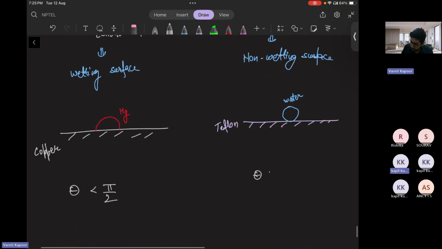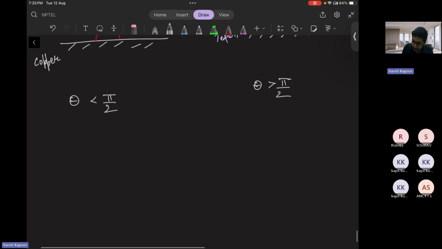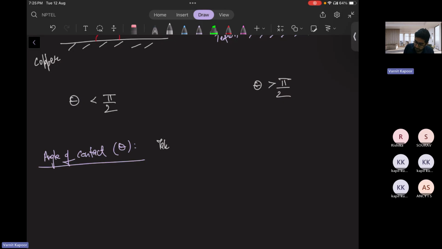And this angle of contact theta is nothing but the angle of the tangent taken from inside the liquid up to the surface.